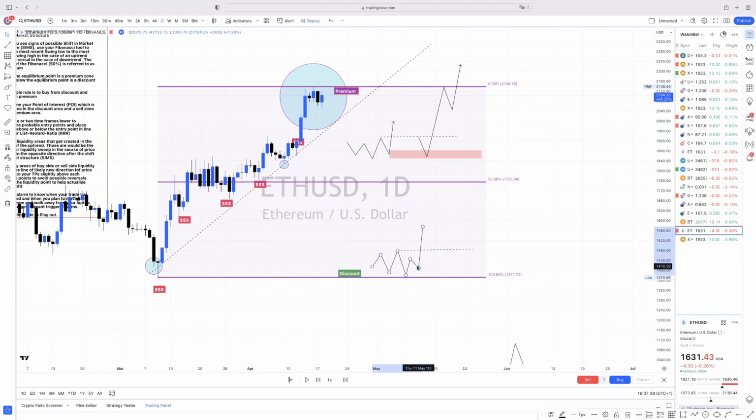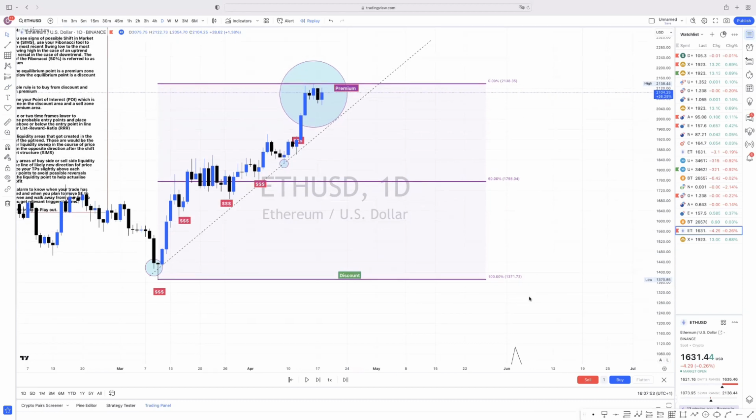If you can understand the concept of premium and discount that I'm trying to explain to you, and you train your mind to have enough patience to wait for the market to give you what you want to see before taking a trade, you will do well. I would never take a buy trade from a premium zone, according to my own rule.